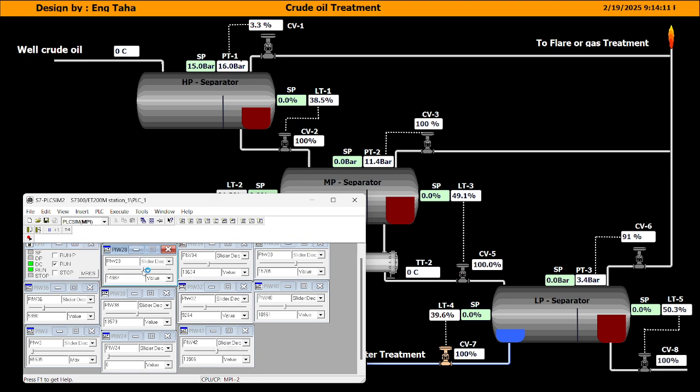So you will see the pressure is 16.3 and the opening is 4.7.